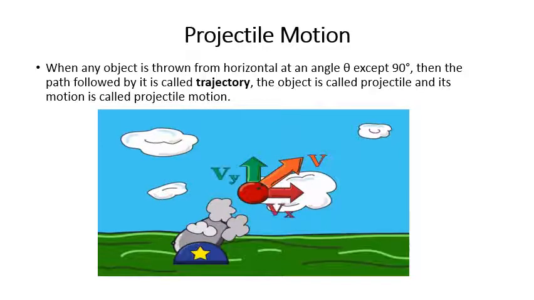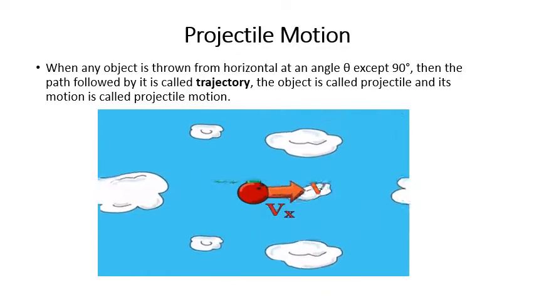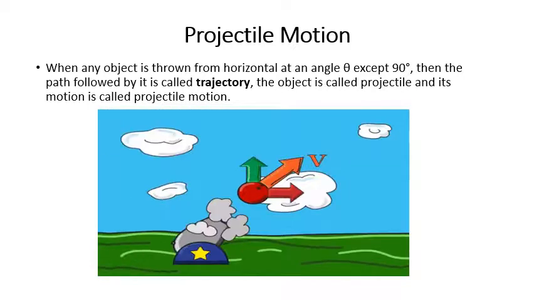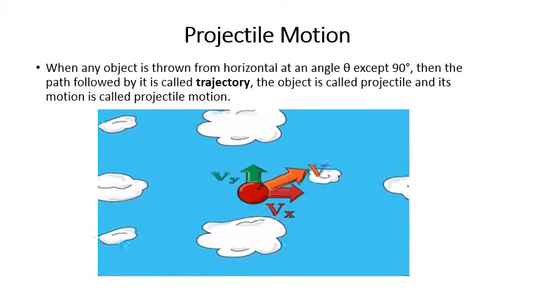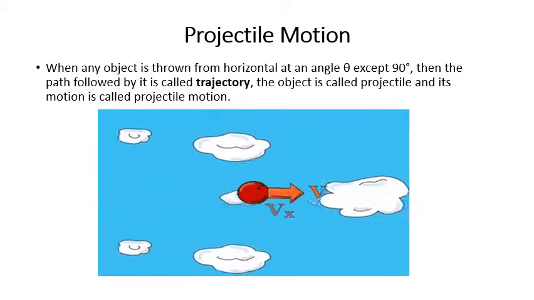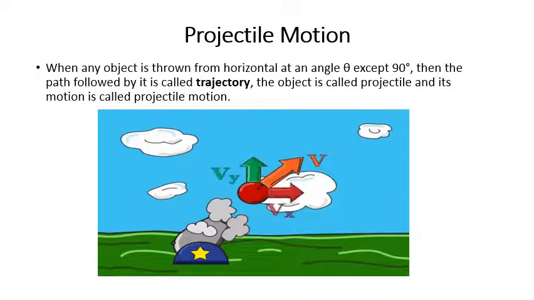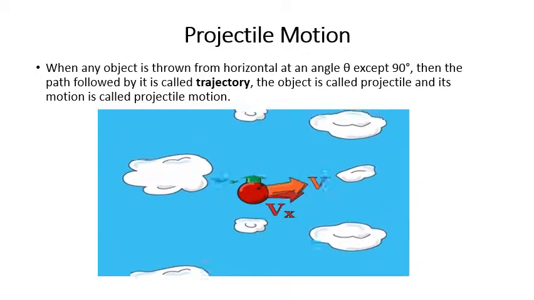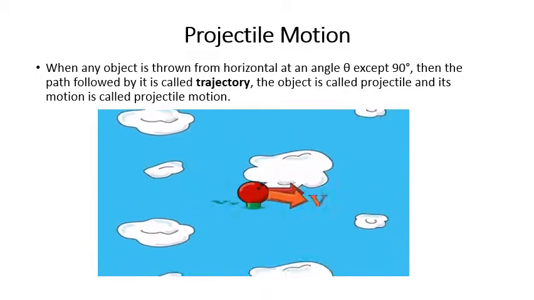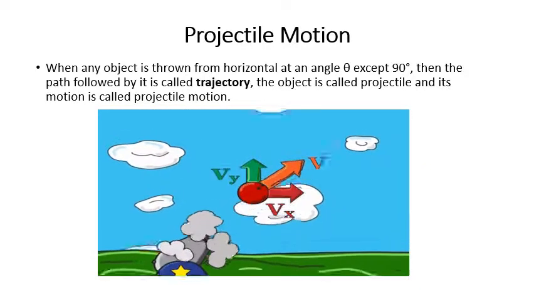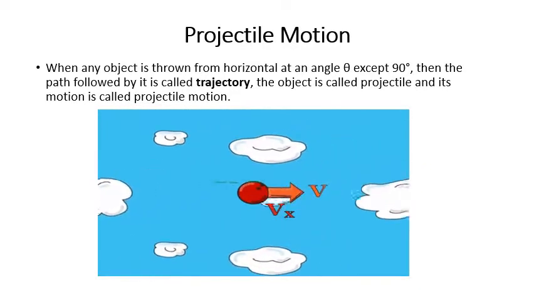The motion of a projectile may be thought of as the result of two separate simultaneously occurring components of motion. One component is along horizontal direction without any acceleration, and the other along vertical direction with constant acceleration due to the force of gravity. You can see this in your animation.